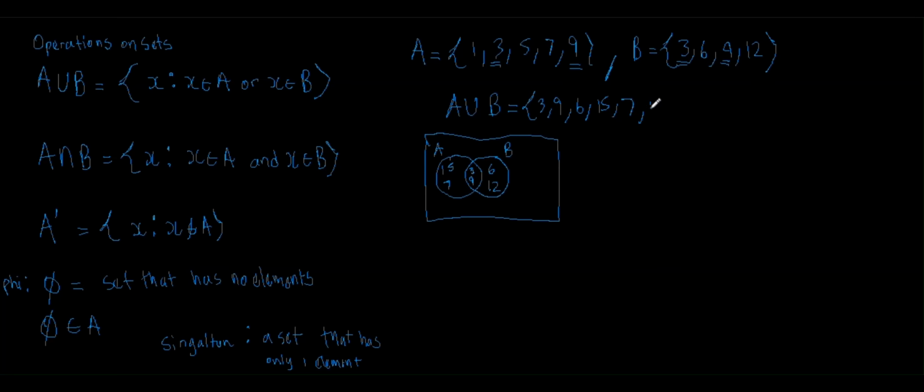So the union is when x belongs to A or x belongs to B. I made a slip of the tongue when I mentioned the overlap. The overlap is actually the intersection.